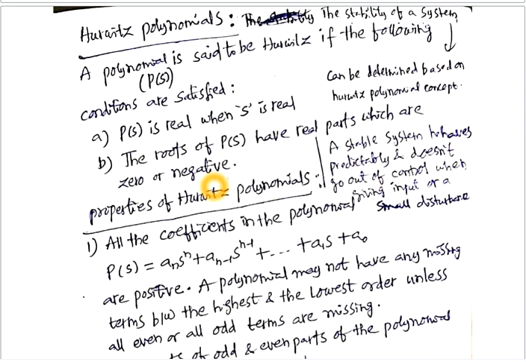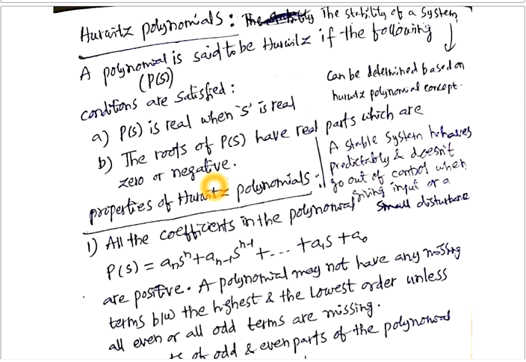That is a stable system, and in order to know whether a system is stable or not, we can use the topic of Hurwitz polynomials. There are certain properties which the polynomial has to follow in order to say that it is Hurwitz, right? Now we will see all those properties.